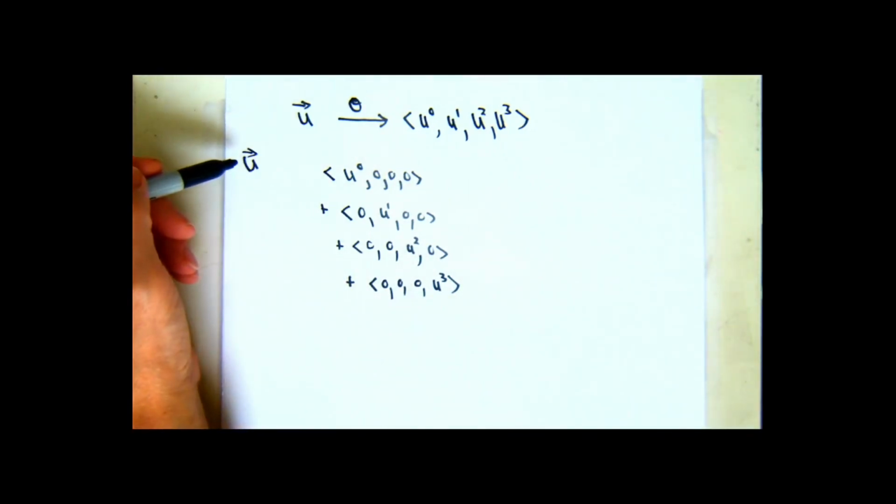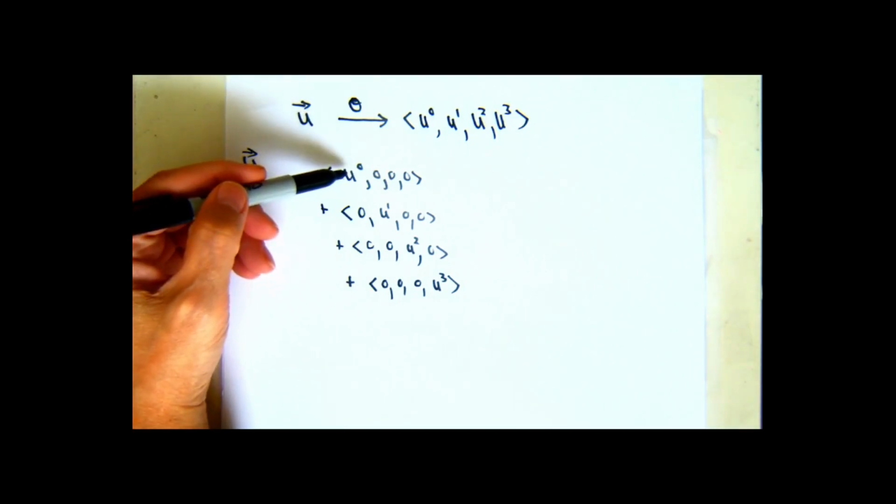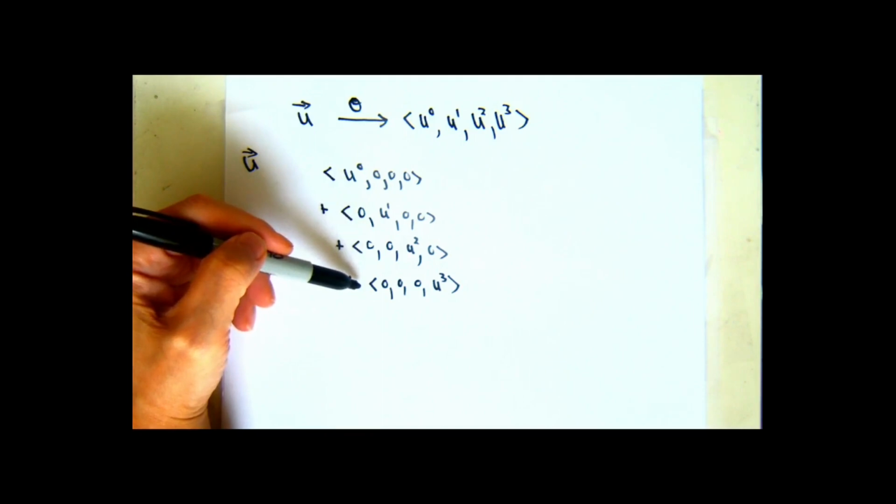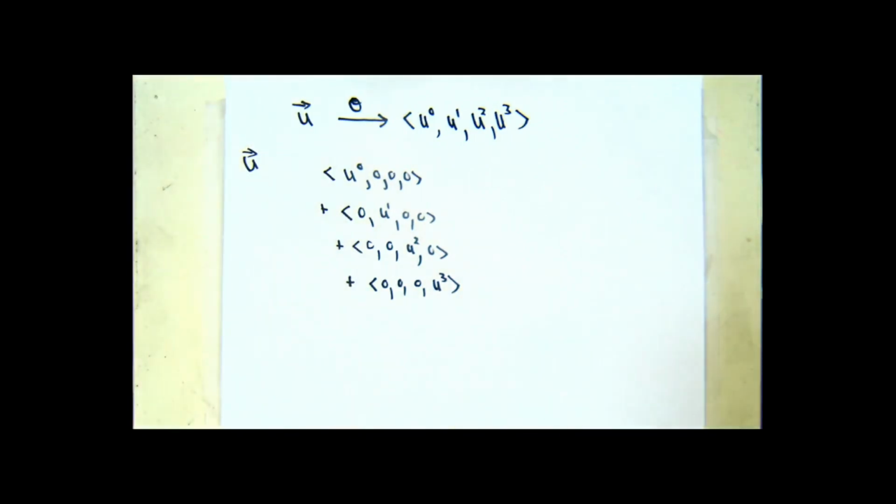U is an arrow. This is an arrow, so is that, and so is that. What about these numbers u0, u1, u2, and u3?